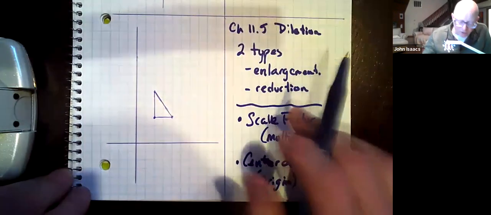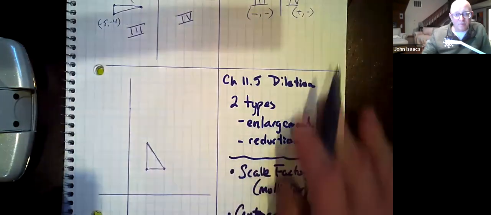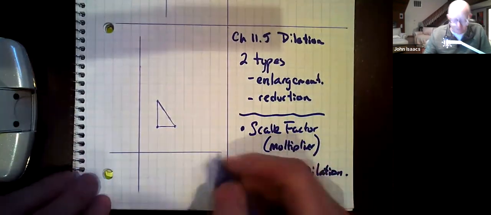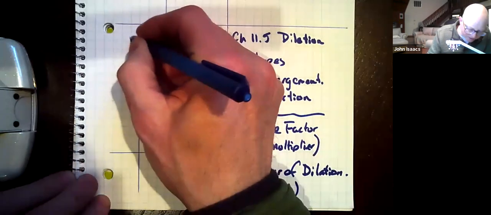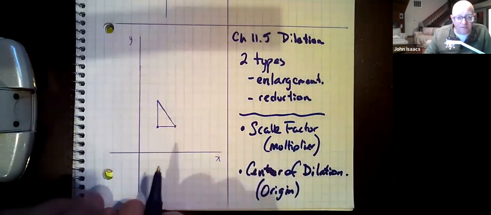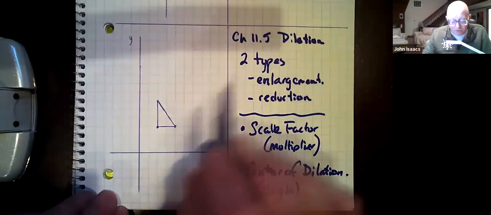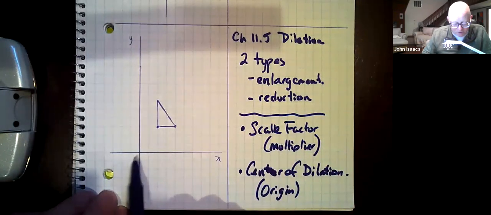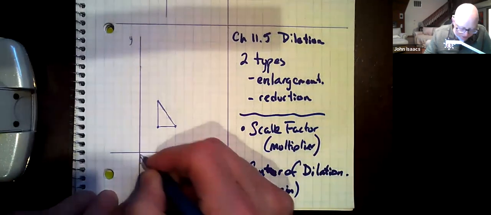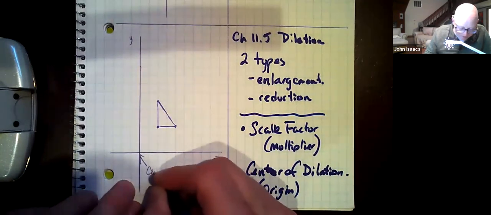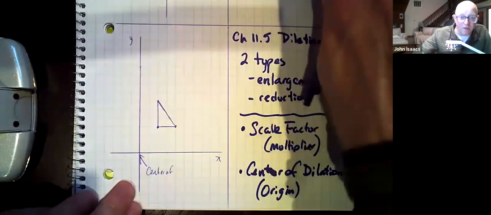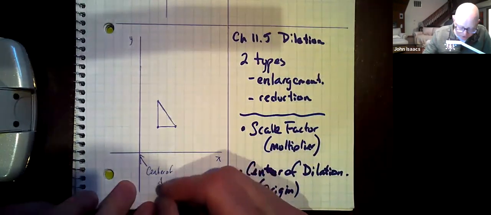I think I'm going to run out of room here. So again, I've split my paper up into four spaces. I've purposely backed my X and Y axis down a little bit because I'm going to dilate by multiplying. And when I multiply, if I'm dilating with the origin as the center of the dilation, I'm going to be going in the upper right direction.